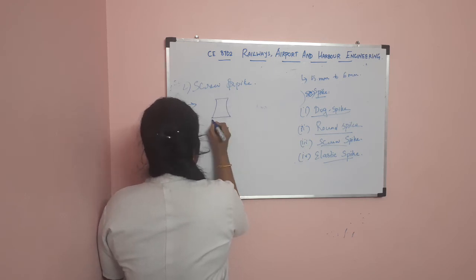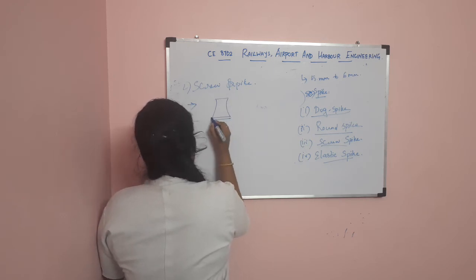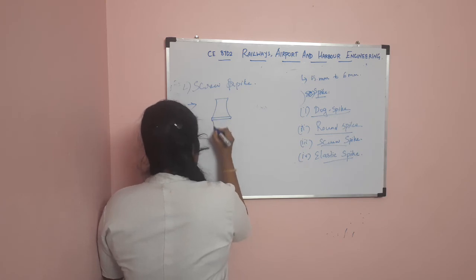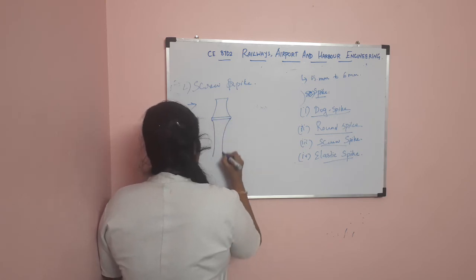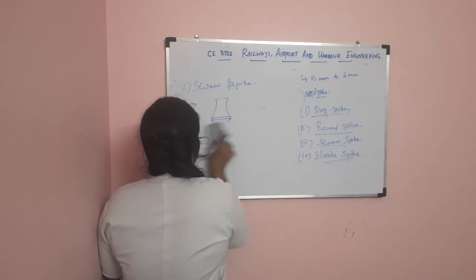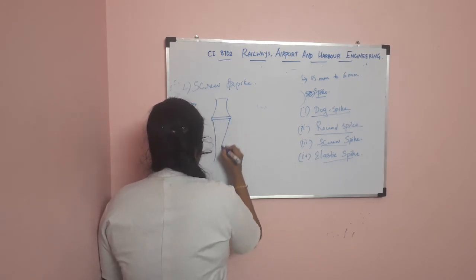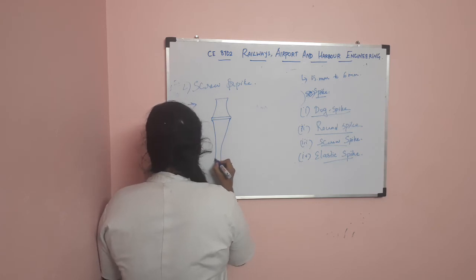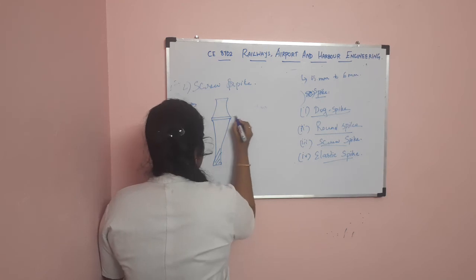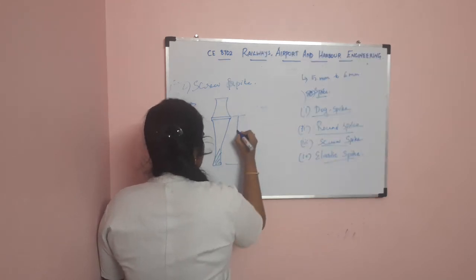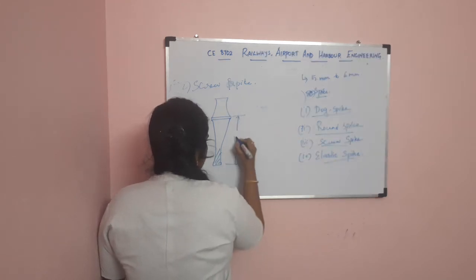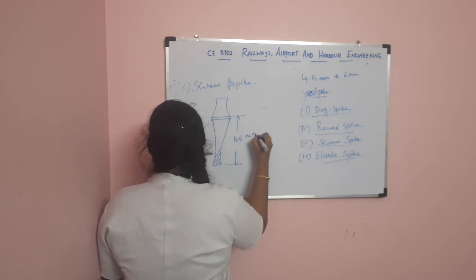Diagram of the screw spike. This dimension is 165 mm.